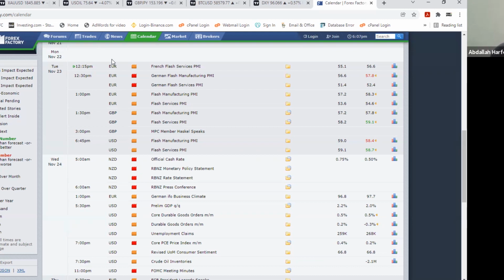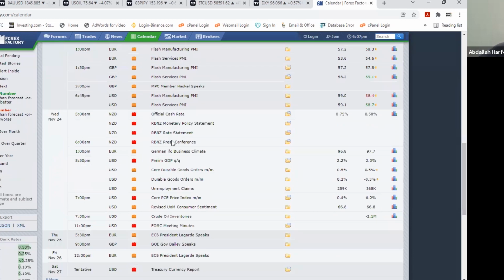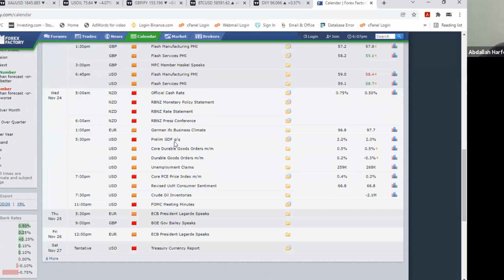As big events this week, we have no big events so far except the meeting minutes. The FOMC meeting minutes will be on Wednesday, almost 11 p.m. Dubai time and 9 p.m. Beirut time. The RBI official rate for NZD will be Wednesday 5 a.m. The premium GDP quarterly will be very important.